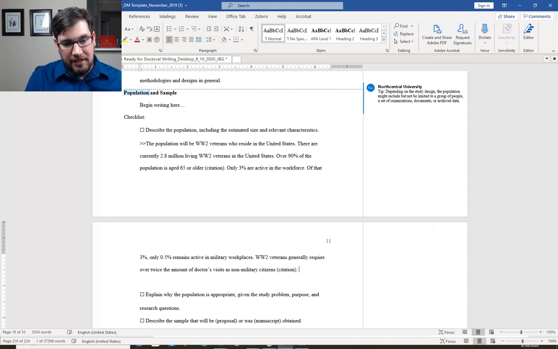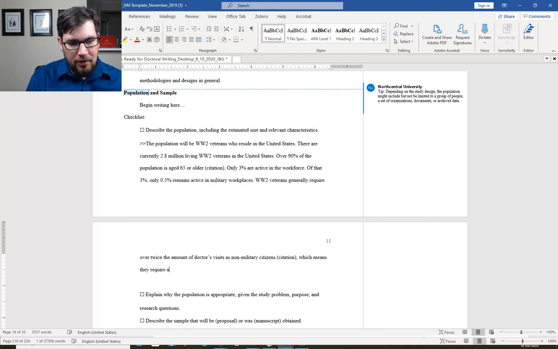I'm again making this information up, which means they require approximately 20 times the amount of doctor's visits as the average citizen.